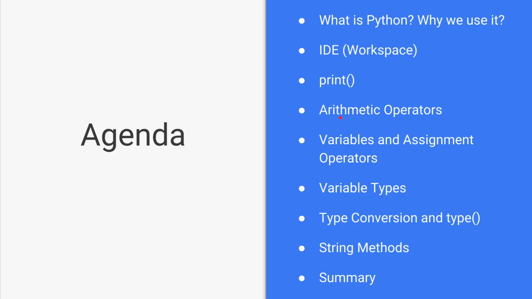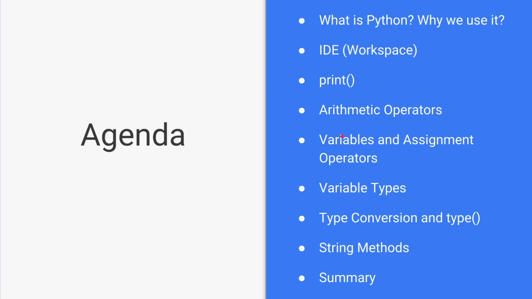Then we're going to look at the various arithmetic operators there are in Python, all of the different arithmetic operations we can do and all of the arithmetic operators Python has to offer. And then we're going to look at variables. Variables are a really important concept in programming. They're a really convenient way to store your data and manage and organize it throughout your program.